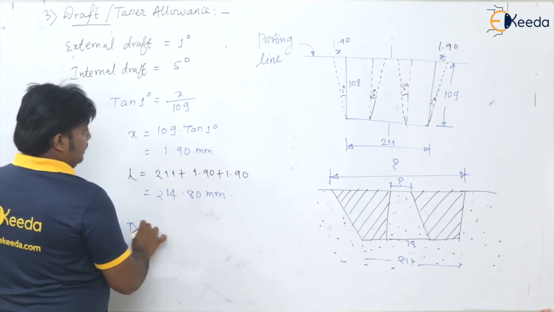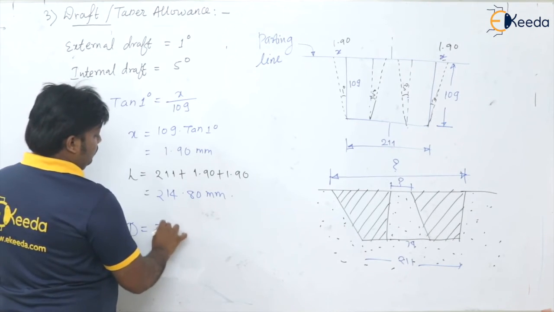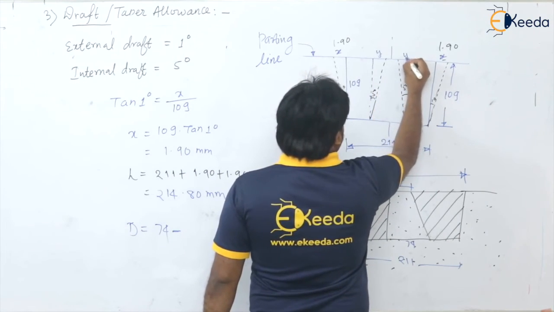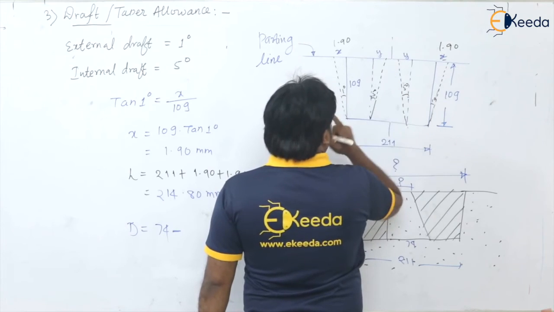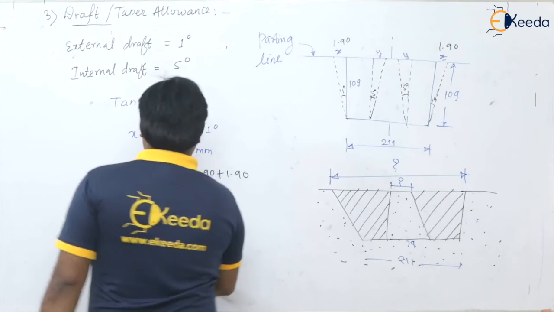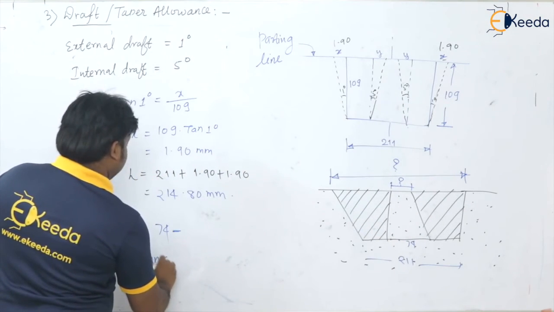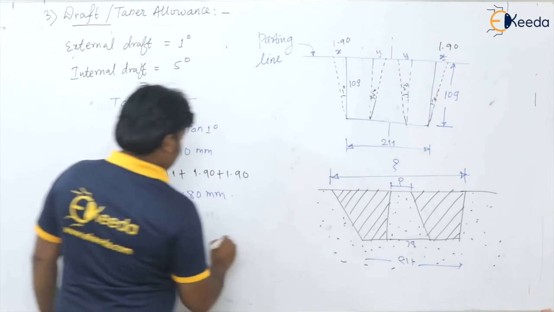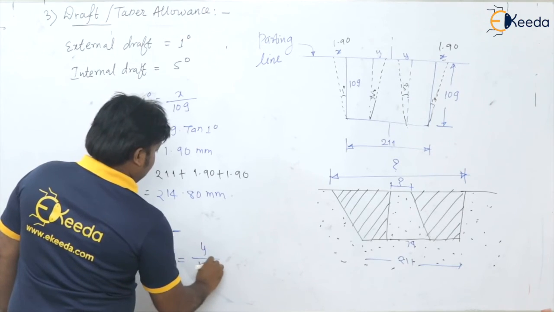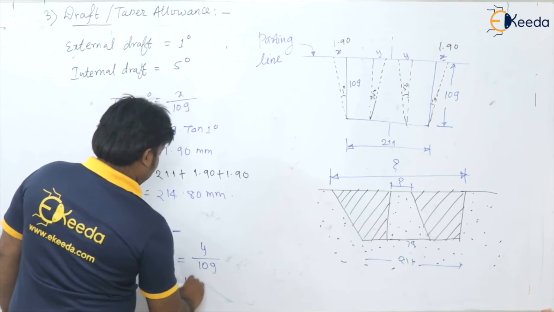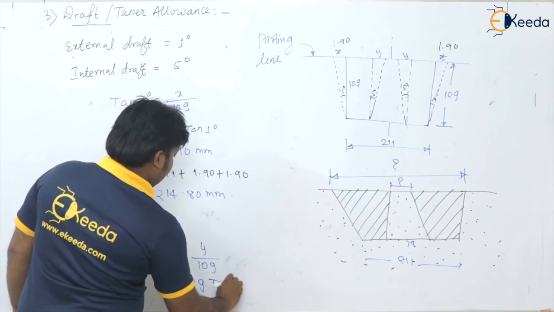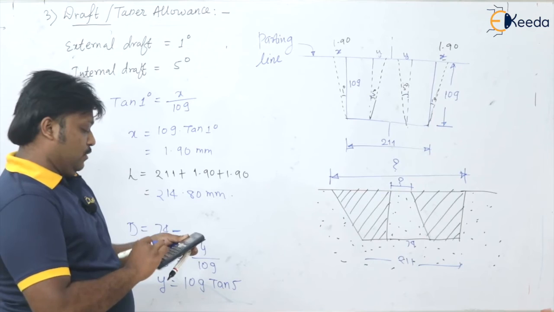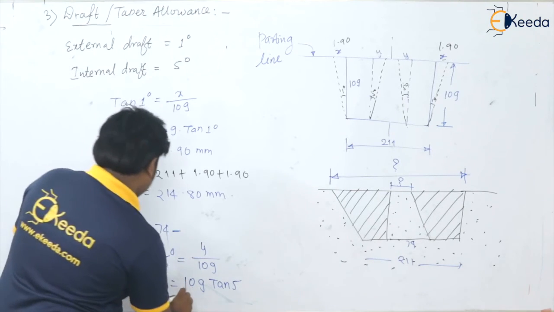And what is our phi, the bore diameter? 74 minus, see here, say this is y. What is the value of y? Tan of 5 degree is equal to y divided by 109. So y is equal to 109 times tan of 5, which is 9.53.